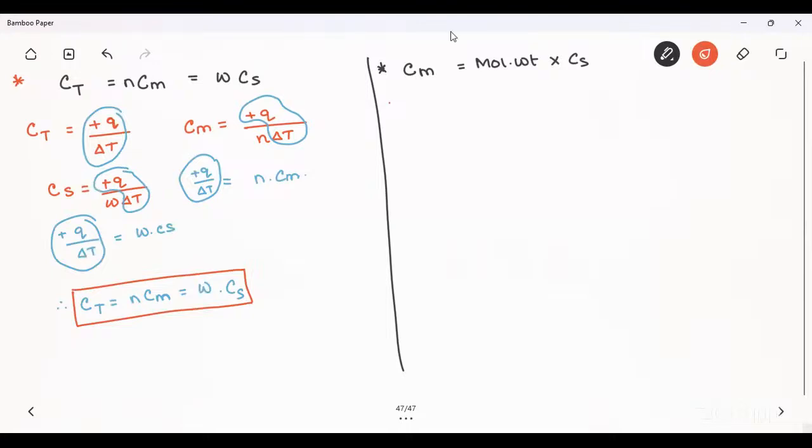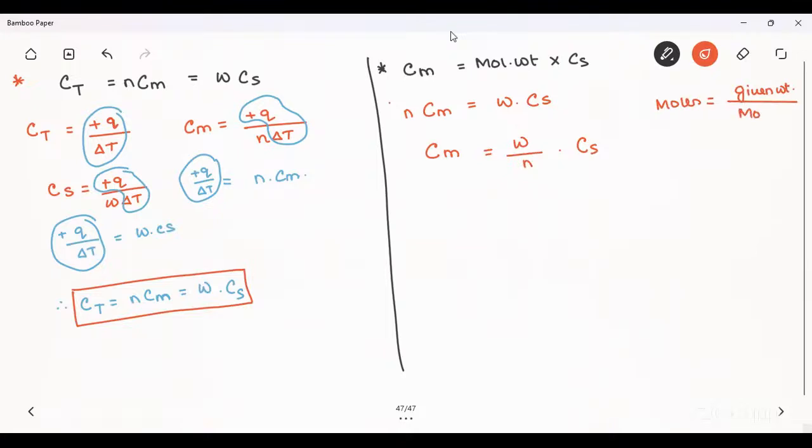Now we already got nCM is equal to w into CS. Now, what is CM? CM is w by n into CS. What is w by n? I don't know which teacher taught you the first chapter, but moles is the given weight by molecular weight, where given weight means whatever weight is given in your question.